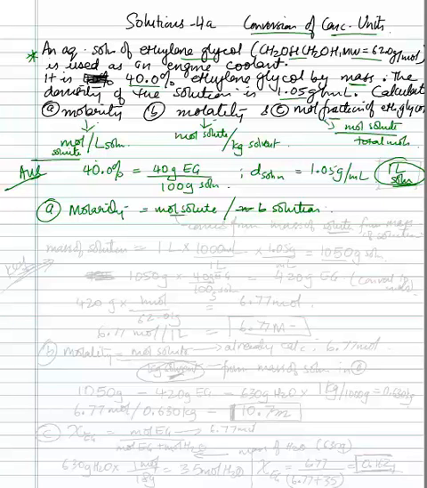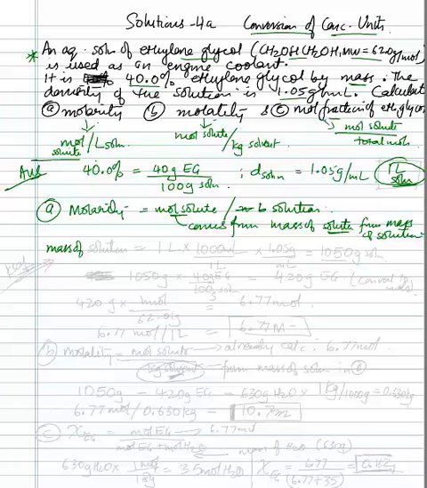The moles of solute, this is the interesting part here, because the moles of solute needs to come from the mass of solute, and the mass of solute will come from mass of solution, because we have the liters of solution but not the mass of the solution. So we need to calculate the mass of the solution.